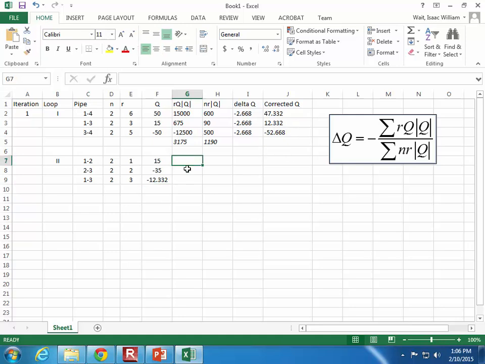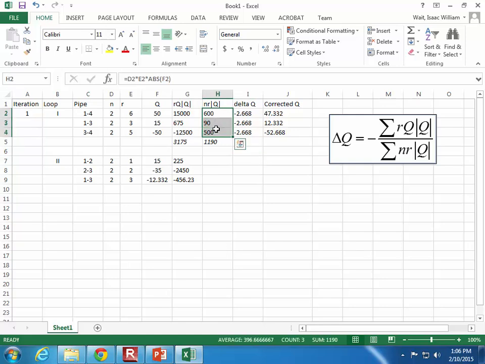Okay, so now I just do the same thing. Actually, I can copy this. See how I'm highlighting? Copy. I go down here, paste, and it just does the calculations for me because it's just multiply this, then that, then the absolute value of that. I can do the same thing over here.